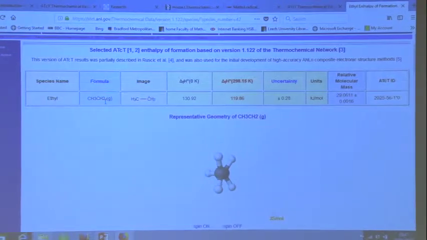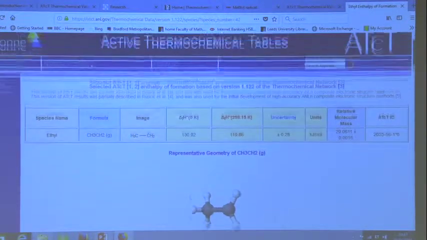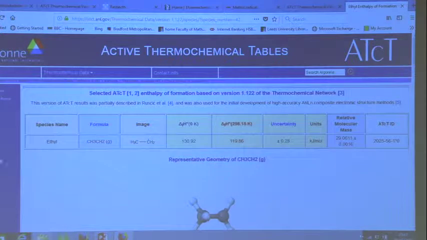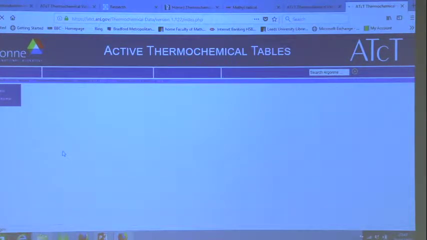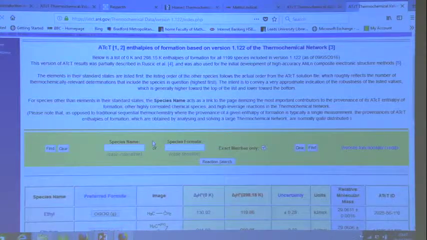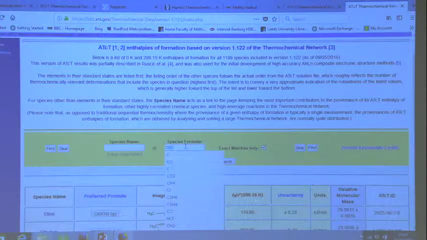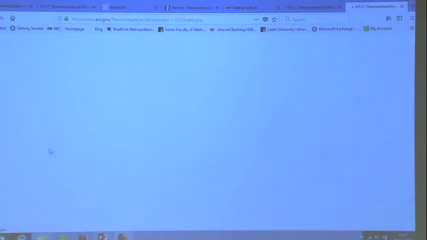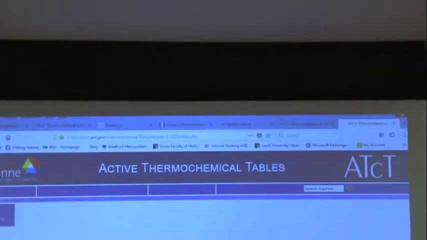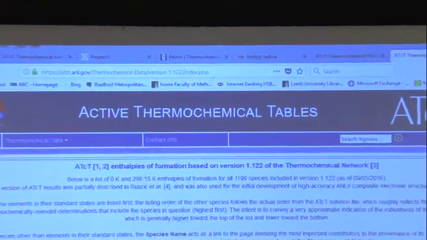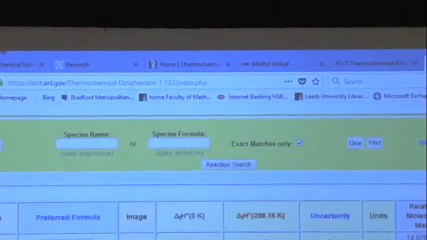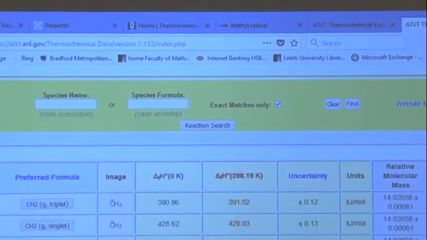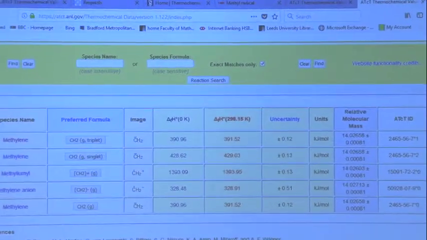Let's try another one. So let's try CH2. Okay, so here what we've got is methylene.